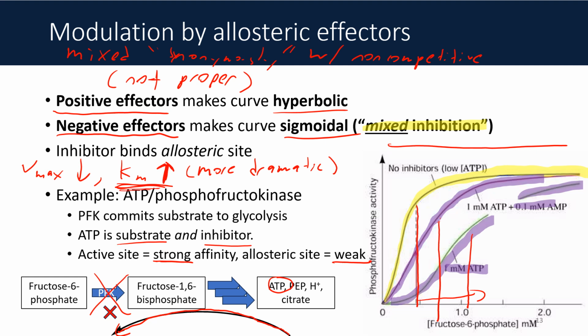And I think that effect is definitely more pronounced than the Vmax drop, if that's even happening. So you will see soon enough that it is allosteric regulation by mixed inhibition that truly regulates metabolism.